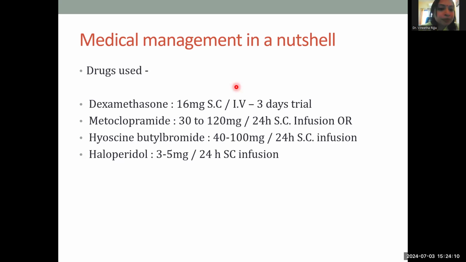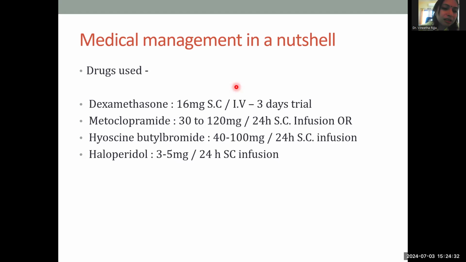Hyoscine butyl bromide, we were talking about using anti-secretory agents for those who have severe vomiting, 40 to 100 milligram over 24 hours. Subcutaneous continuous infusion can be given in case of severe refractory symptoms.